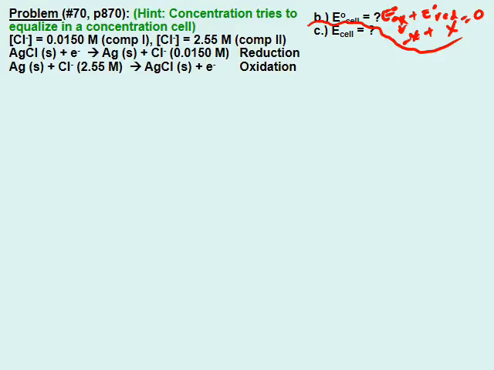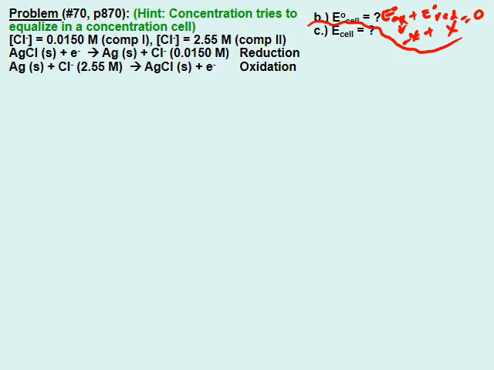In other words, you cannot have a concentration difference. It's a 1 molar concentration for both the anodic compartment as well as the cathodic compartment. So basically, one would be the reverse reaction of the other one, and they have equal and opposite value. When you add them together, it's going to be 0.